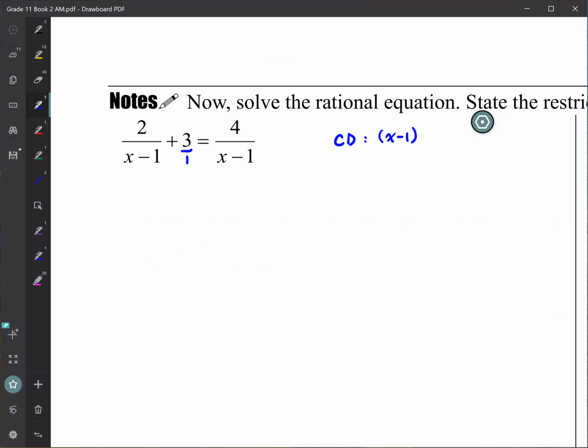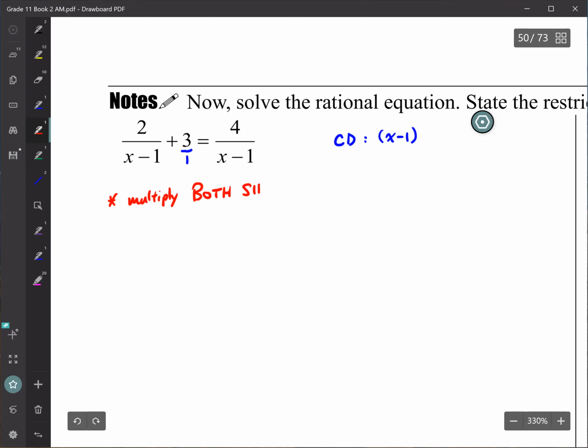So to get rid of the denominator, we just multiply both sides with the common denominator.